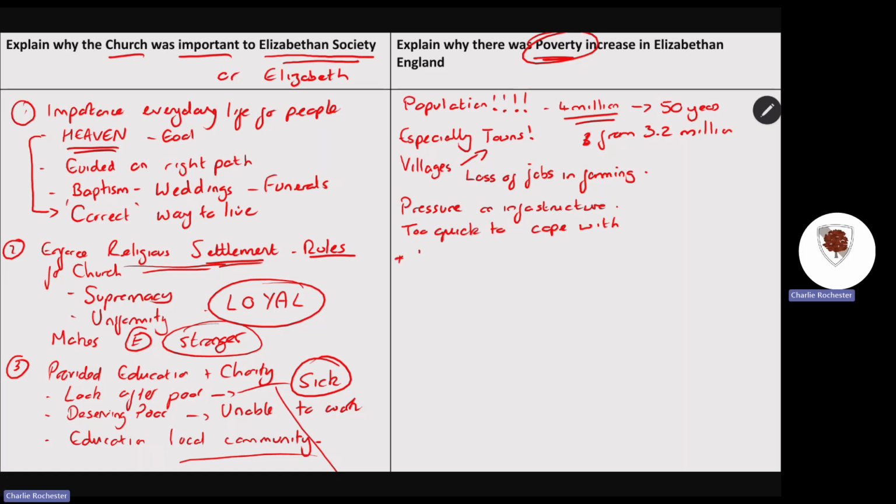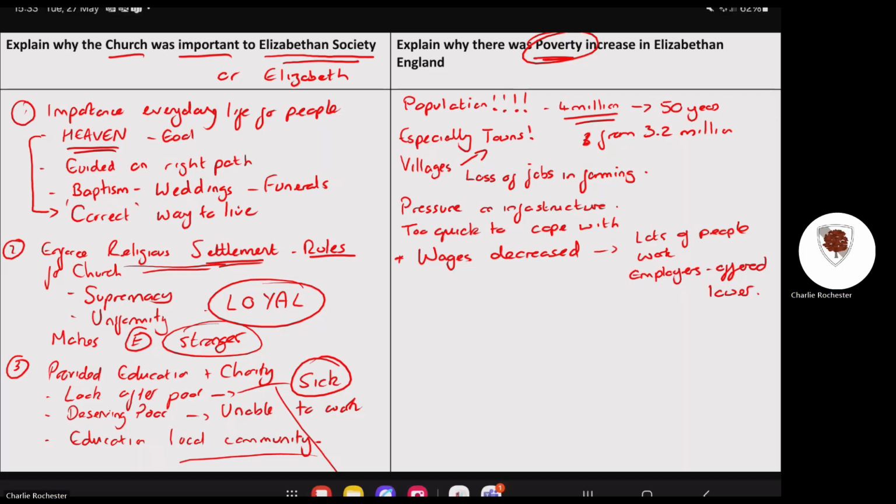Consequences such as wages decreased. Because ultimately, lots of people were looking for work, and employers took advantage. They offered lower wages because they knew that the people that were desperate would accept the wages.